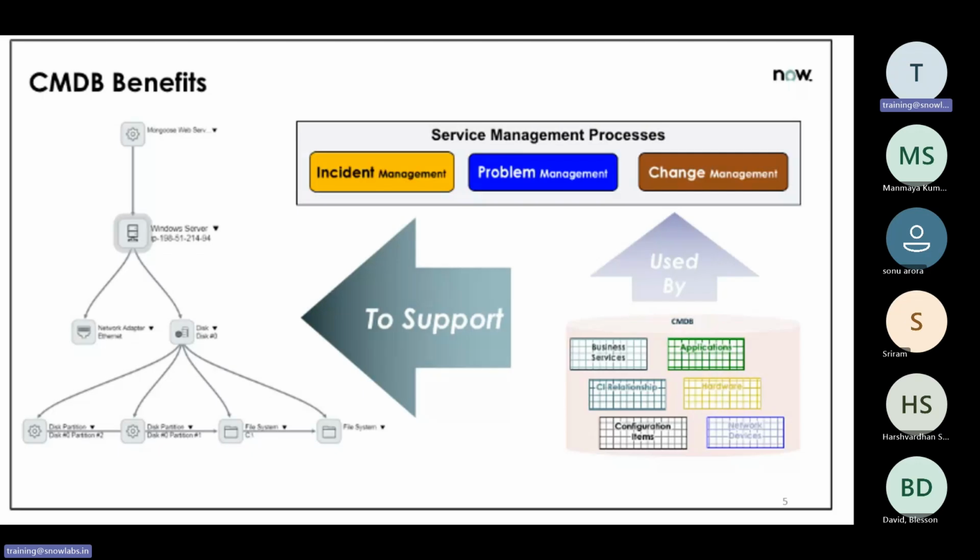But whenever, as an employee, you are raising a concern that your mouse is not working, they will also ask you, what is your asset? Mention the name of the asset. Whenever you are filling up the form, you are providing your employee ID and other things. As soon as you provide your employee ID, automatically your configuration item will be populated.